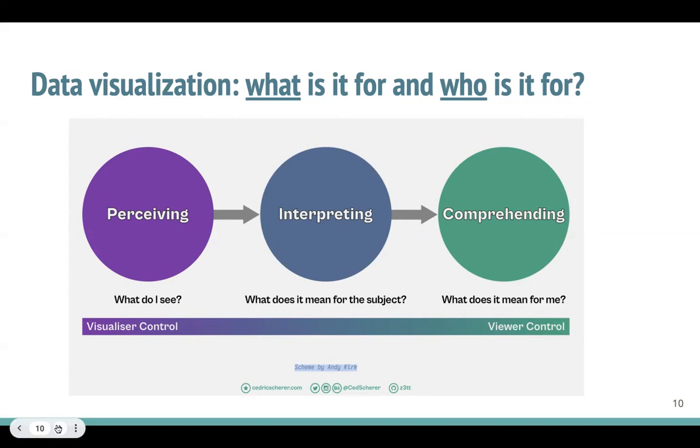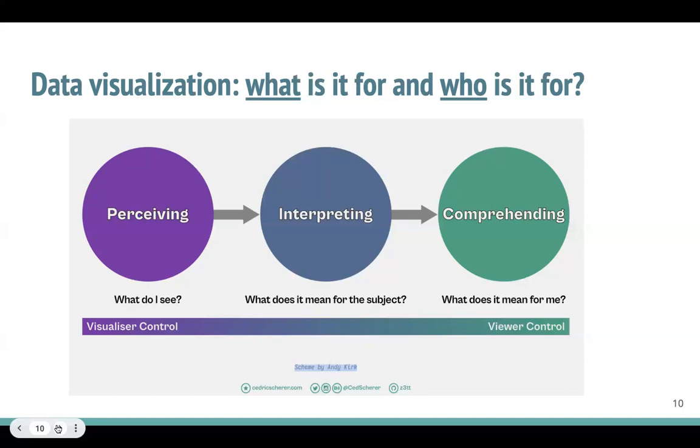There are different steps that go from, what do I see in the purple, that is, when you're perceiving the data as the creator, your graph or your image as the visualizer, to thinking about that middle role, as in, when someone sees this immediately, what does it mean for that subject? How would they interpret it?